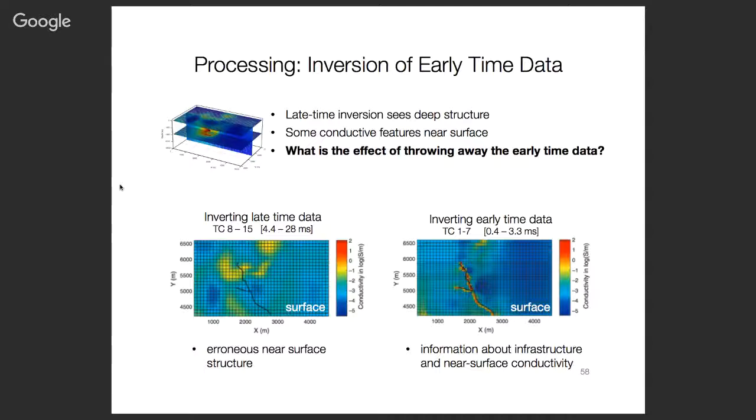So now we take this, and notice this was the near surface structure that was obtained by inverting the late time data. You've got all this stuff out here, and there's maybe something up here, but there's a lot of erroneous things that we don't think are necessarily there.